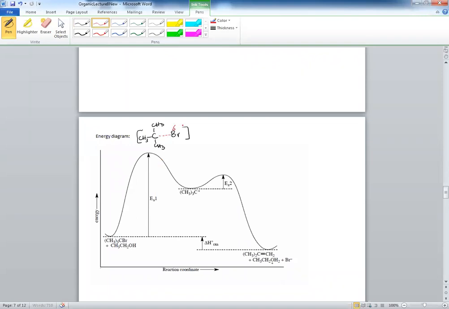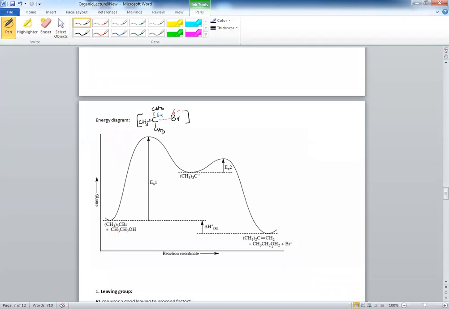So that's a delta minus, and of course, this is delta plus because it's forming a carbocation, as you can see down here. And of course, there's a second transition state. I'm only interested in you drawing the first transition state, just the main one.